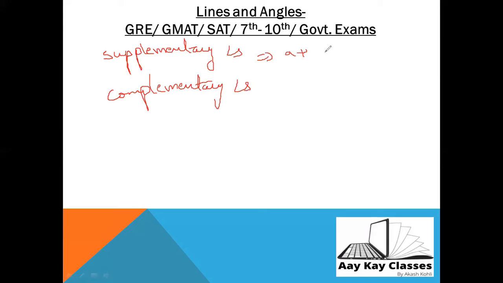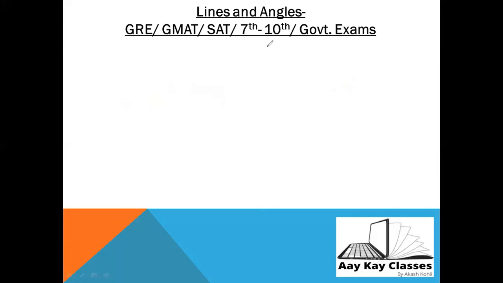When the sum of two angles, always two angles, we can't take more than two angles, is 180. And in complementary angles, the sum is 90 degrees. Right, so complementary angles have the sum 90 and supplementary angles have the sum 180. So this is all about this chapter, lines and angles, right?